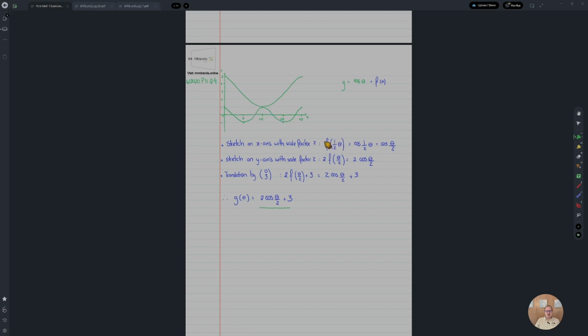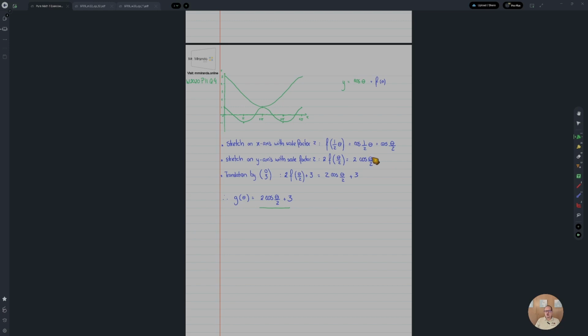How do you do this mathematically? You do f of 1/2 of x. You don't have x in this case, you have theta, right? So what is this going to be on the cosine function? It's going to be cosine of 1/2 of theta instead of theta, or cosine of theta over 2. Then you have the stretch on the y-axis, which doubles the range. That is a scale factor 2. So you just multiply the function as a whole by 2.